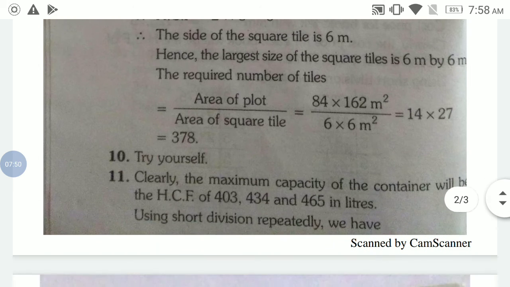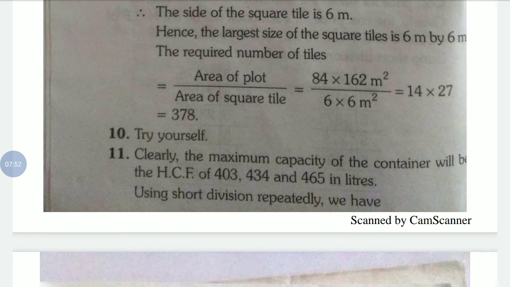10th is just like the 9th, so you will do it by yourself. I will explain the 11th. 3 different containers contain 403 liter, 434 liter and 465 liter of milk respectively. Find the maximum capacity of a container which can measure the milk of all the containers in an exact number of times.